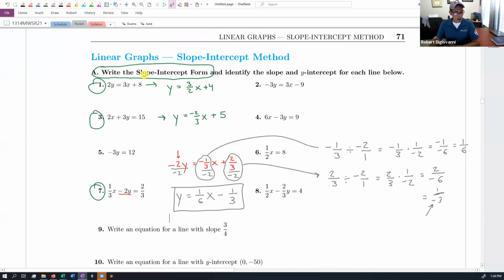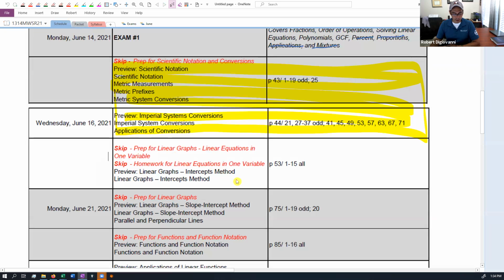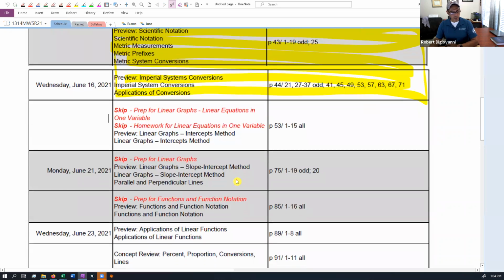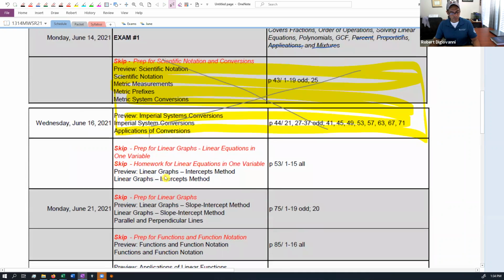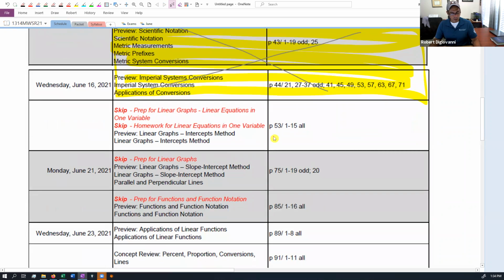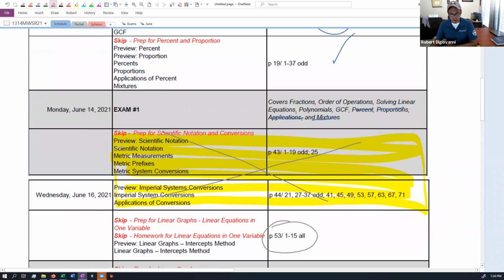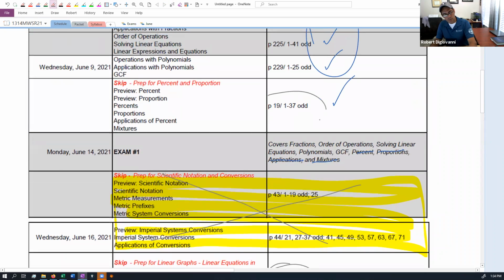Okay, let's talk real quick about homework. So again, we are going to be skipping this right now. For homework, you should be looking at this homework assignment, page 53, 1 through 15 all. And also the homework assignment up here for percents and proportions, all of that.